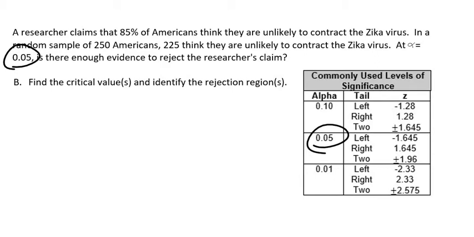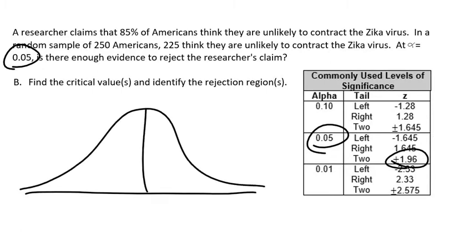This is going to be a two-tailed test because we're testing the null hypothesis p equals. So since it's a two-tailed test, our critical value is going to be plus or minus 1.96. Let's look at this on a standard normal curve to get the rejection region.